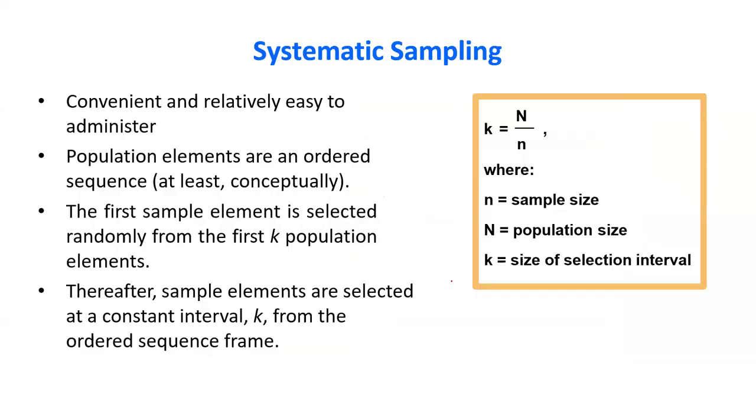Okay, now comes the systematic sampling, which is non-probabilistic. So here we go with our convenience. I always take this example from our childhood days.